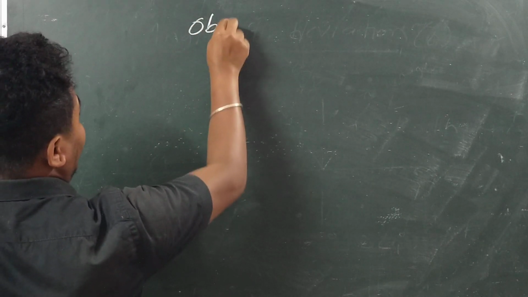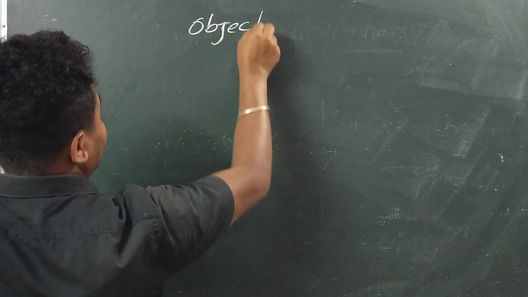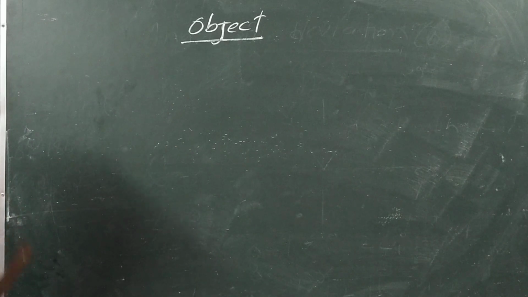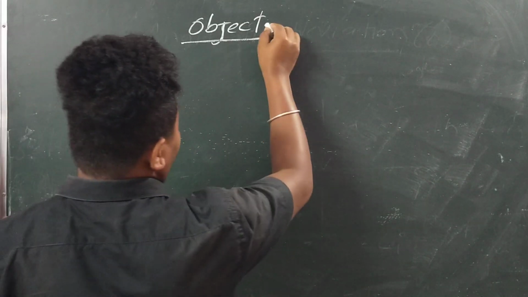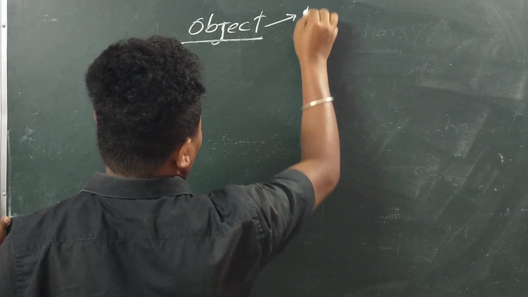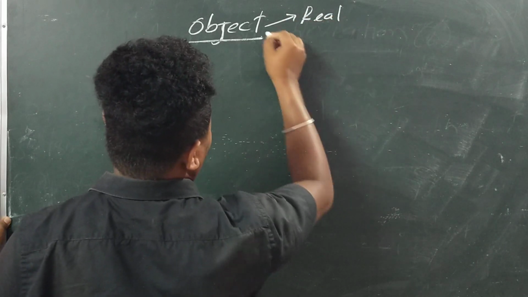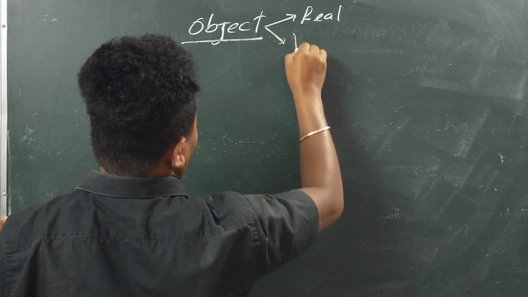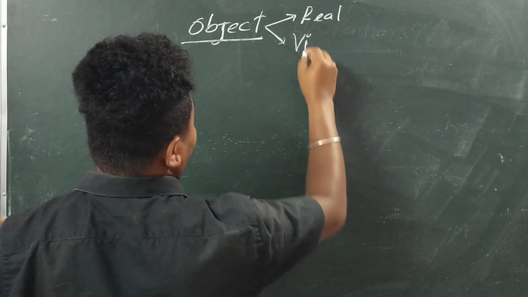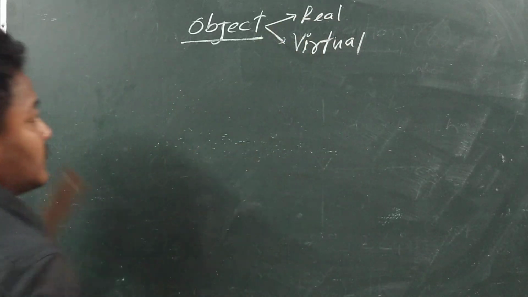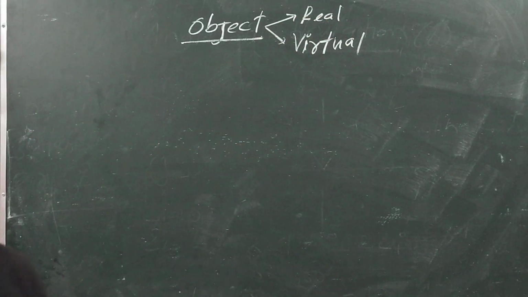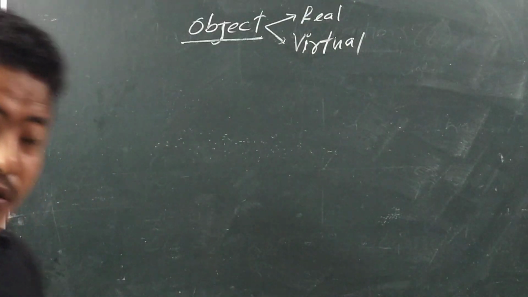See, there are some very important concepts regarding objects. Objects you can classify as real object and virtual object. Remember, you can consider them as real and virtual. Objects will be classified into two types: real and virtual object.